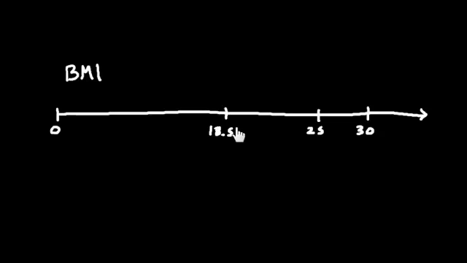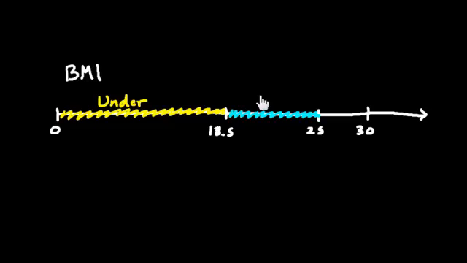If your BMI as an adult is somewhere between 0 and 18.5, somewhere in this range, and I'm going to do it in yellow, then you're underweight. I'm just going to write under. And if you're between 18.5 and 25, you're in a very healthy range.